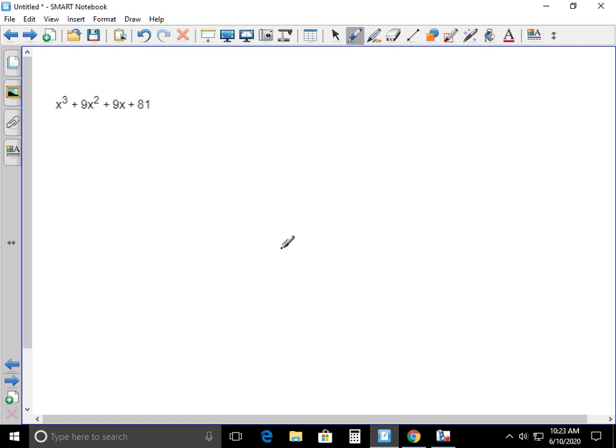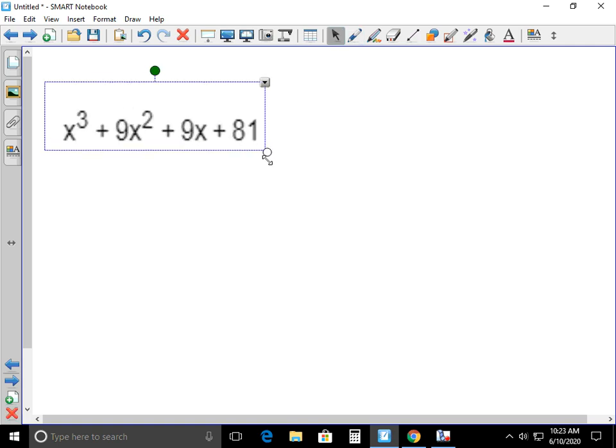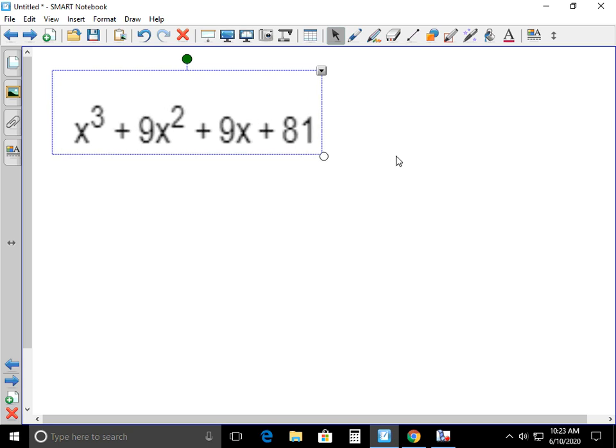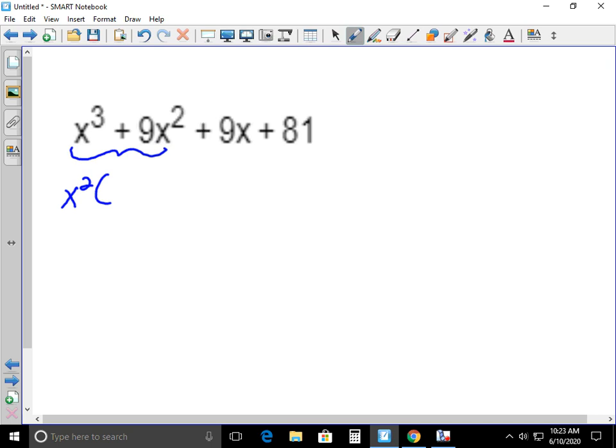If we have 4 terms and they don't all have something in common, then we do something that's called factor by grouping. Factor by grouping does not always work, but sometimes it does. What we're going to do is group the first 2 together and pull out what they have in common.